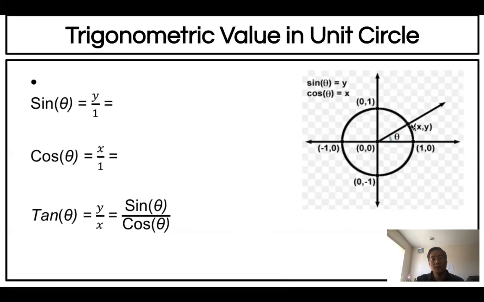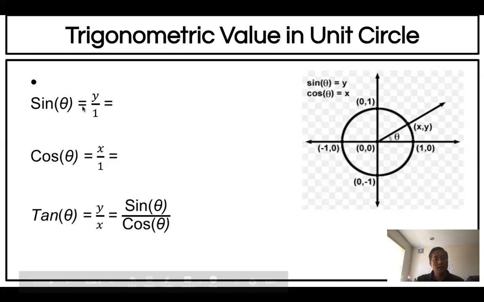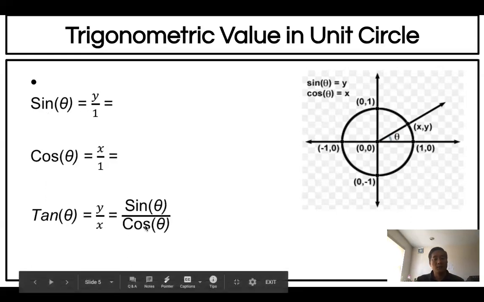On the unit circle, we said the radius is 1. So y over 1 is equal to y. Cosine theta is adjacent over hypotenuse, x over 1, which is equal to x. And tangent is opposite over adjacent, y over x. And you know the y is the same as the sine, and x is the same as the cosine.